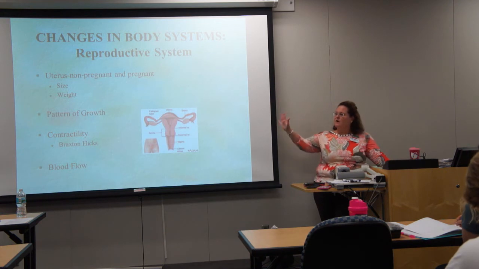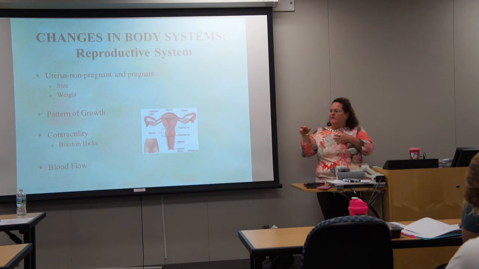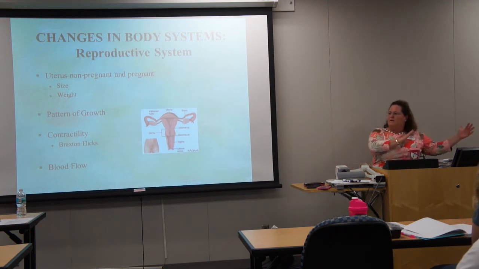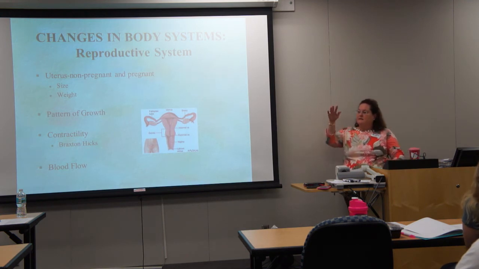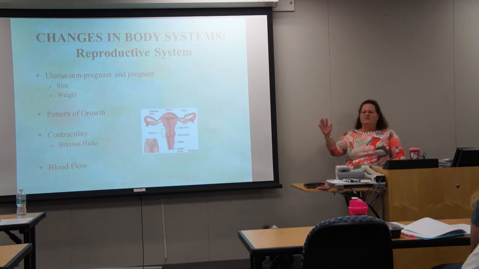Normal contractions start out mild, far apart, not lasting for very long, but boy, they get closer together and stronger and come more often, all the time, okay? But Braxton Hicks, you can pick them up on a monitor, but they always look the same, no change. Mom's not changing at all, no distress, any increased distress.